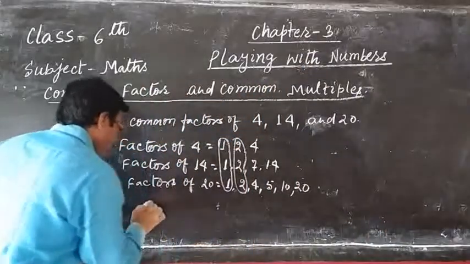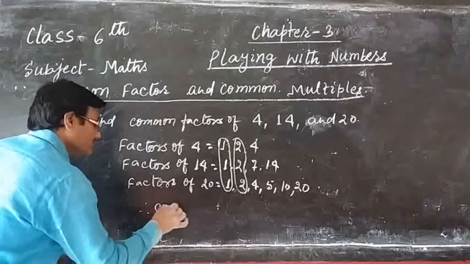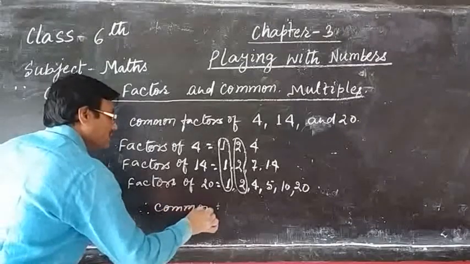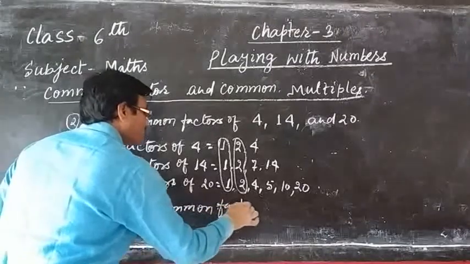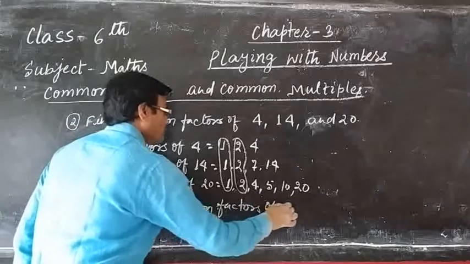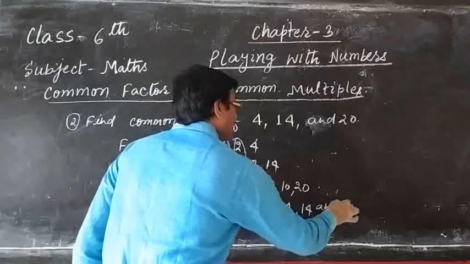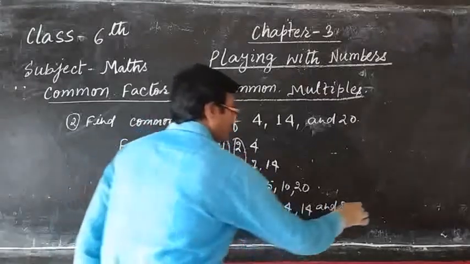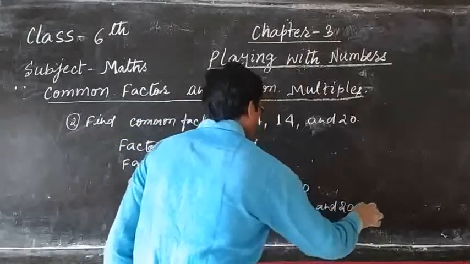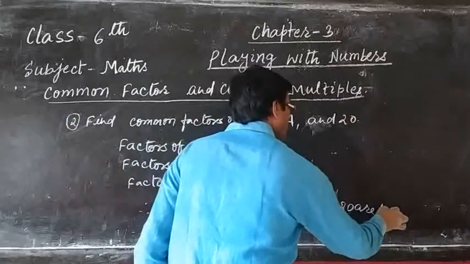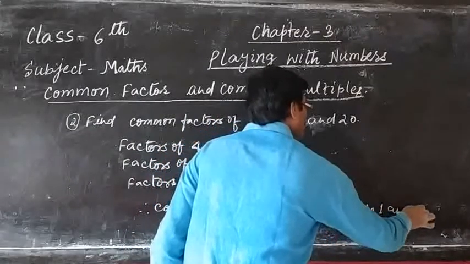Okay. So your common factors will be 1 and 2.